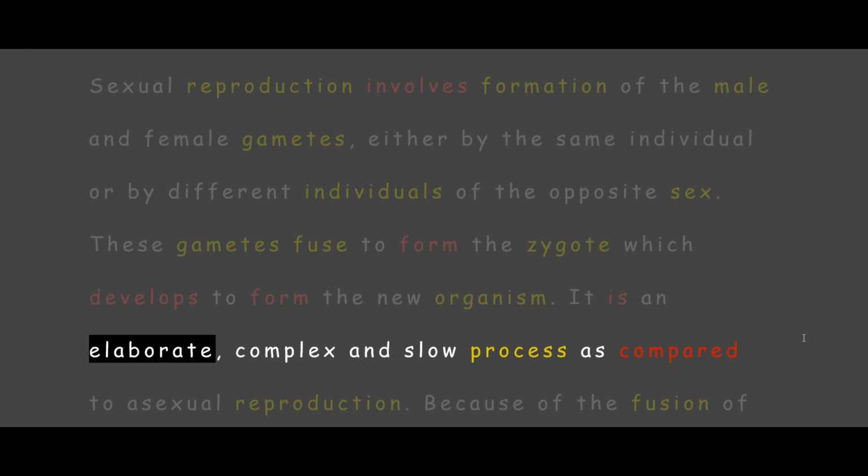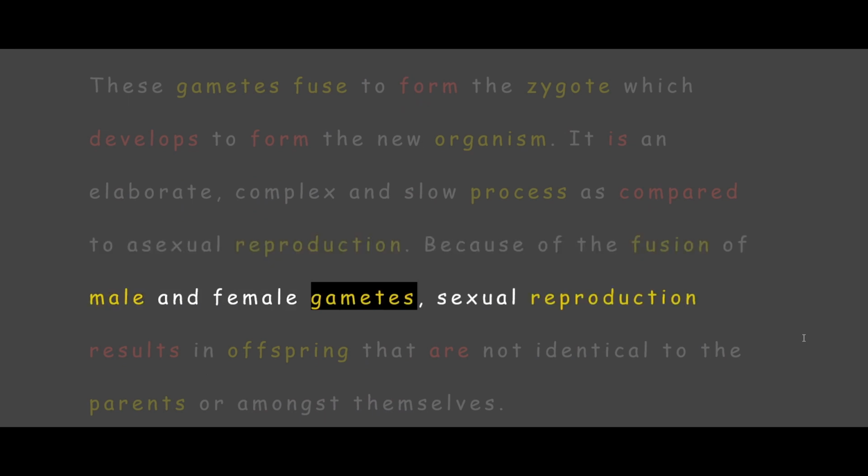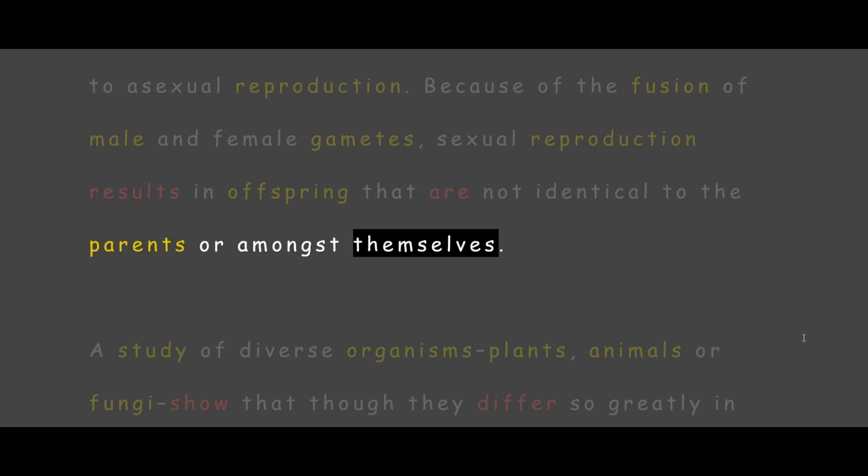It is an elaborate, complex, and slow process as compared to asexual reproduction. Because of the fusion of male and female gametes, sexual reproduction results in offspring that are not identical to the parents or amongst themselves.